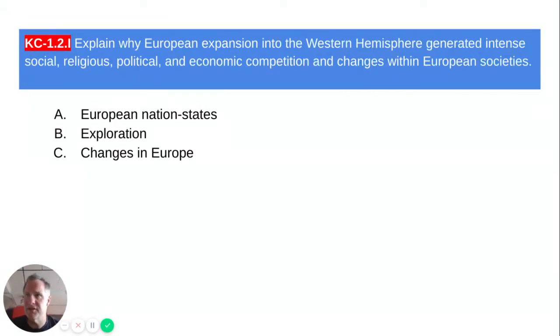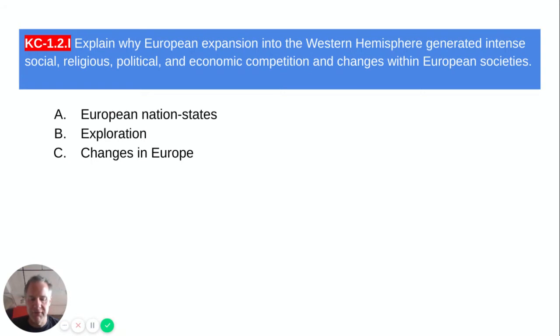And soon these nations began to compete for political and economic dominance with each other. It's this competition that launched exploration as the nation states sought both bragging rights and the economic benefits of acquiring territory overseas. As these nations became more powerful, that also led to changes in Europe as well as changes in the New World.